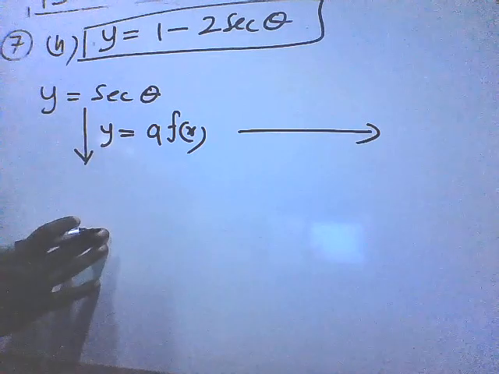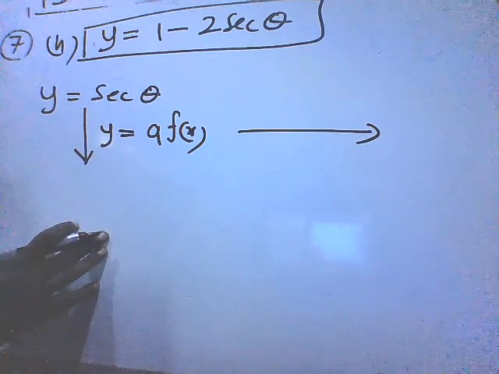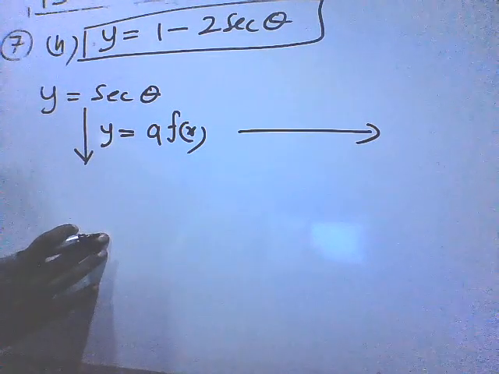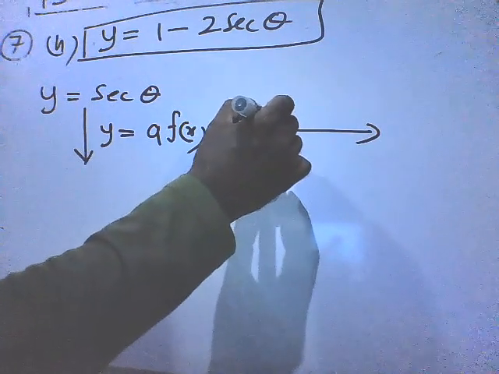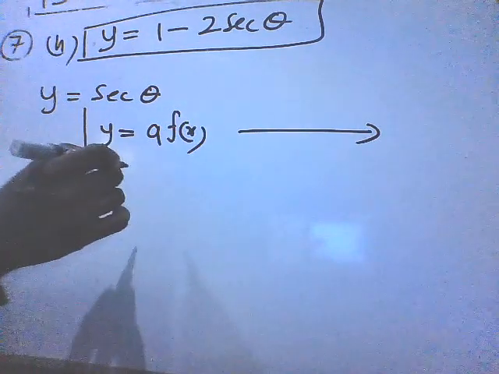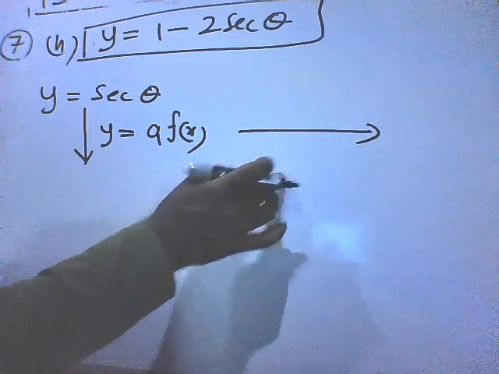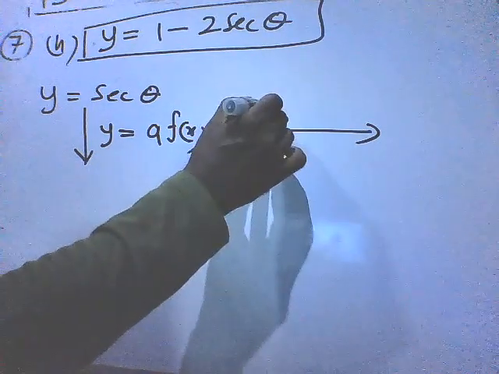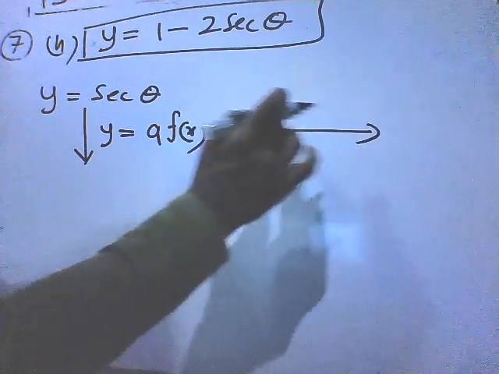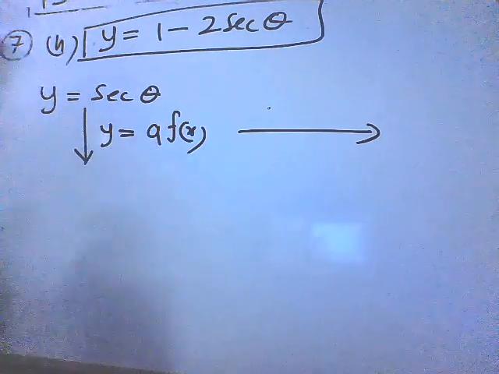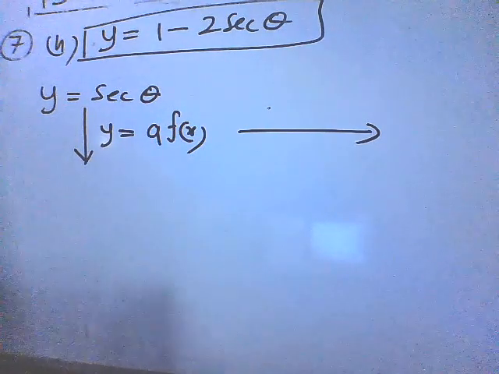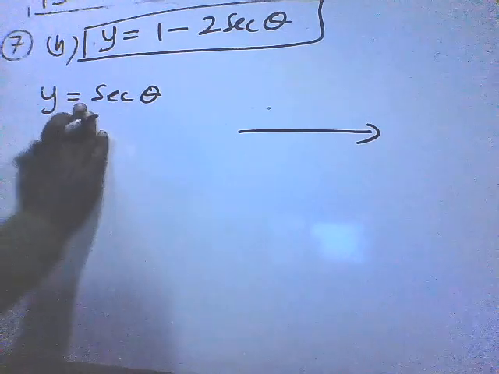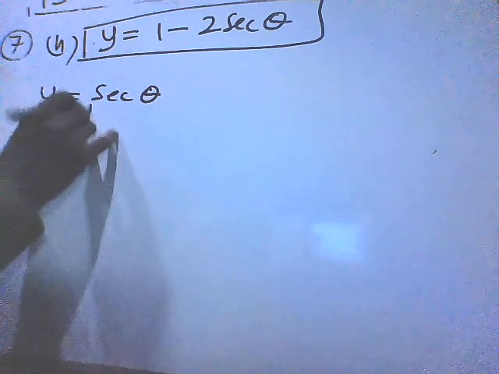Since this is negative, minus 2 will change the sides, and it will also get stretched. Both will happen when you consider the minus. Or else we can do it in two steps, which is easier to understand. So in the first case we will do it like that.